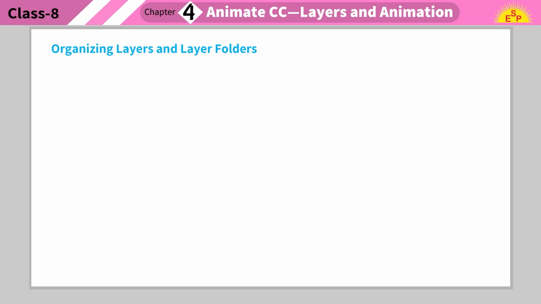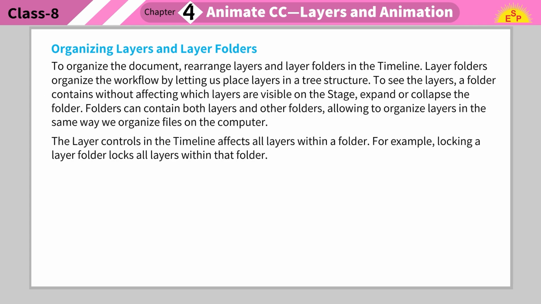Organizing layers and layer folders. To organize the document, rearrange layers and layer folders in the timeline. Layer folders organize the workflow by letting us place layers in a tree structure. To see the layers a folder contains without affecting which layers are visible on the stage, expand or collapse the folder.